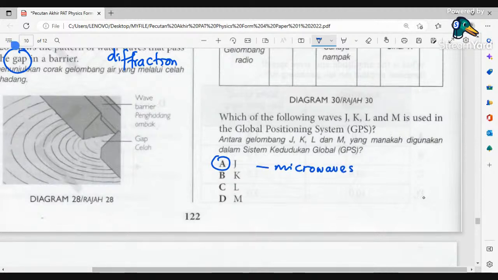High energy compared to radio wave, can travel further, not easily diffracted. Okay, because shorter wavelength compared to radio wave. Untuk communication kita ada dua saja, microwave ataupun radio wave. So either you use microwave or radio wave, but this one for satellite communication kita pakai microwave. So answer ialah A lah, microwave.